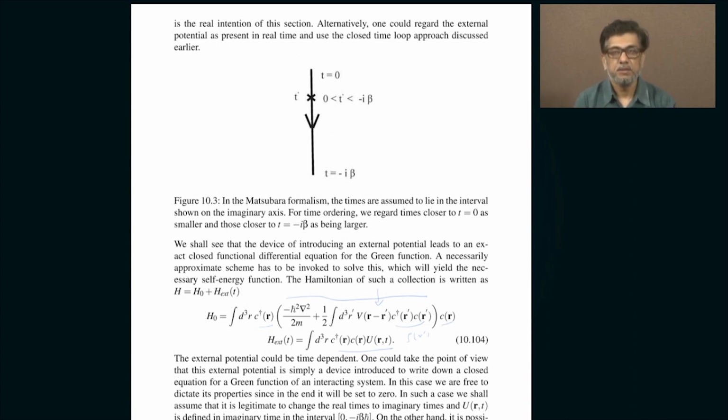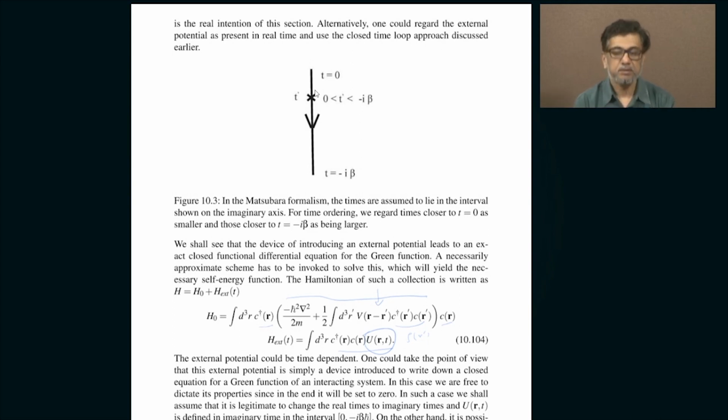Specifically, I am going to postulate that this time dependent external potential u of r comma t is such that the times involved are also along the imaginary axis. I am no longer going to be studying this Keldysh contour, because the Keldysh contour is useful when you have actual time dependent fields which are varying in real time.